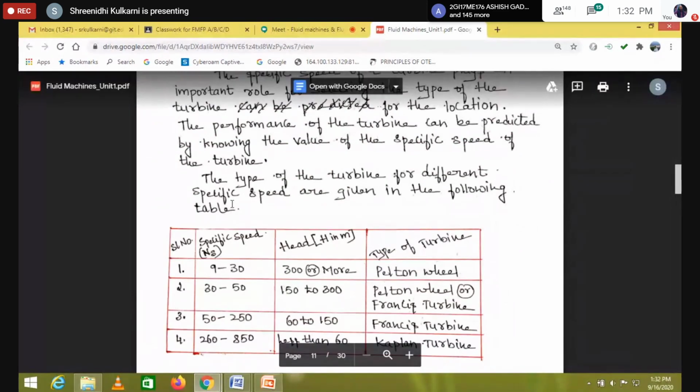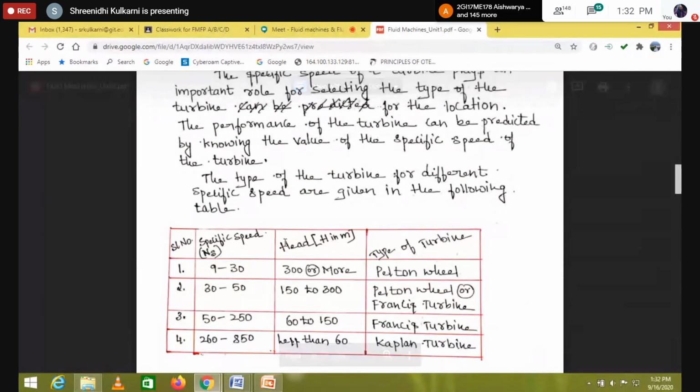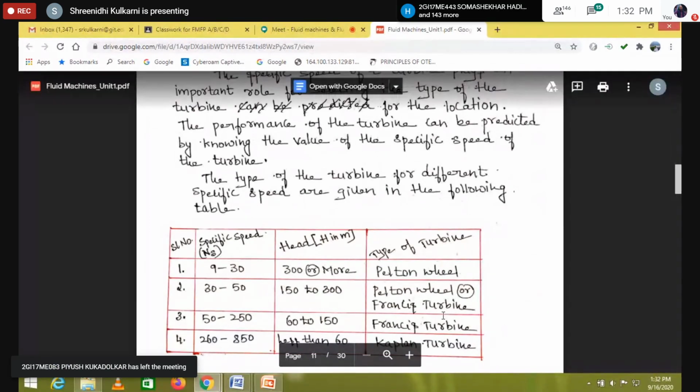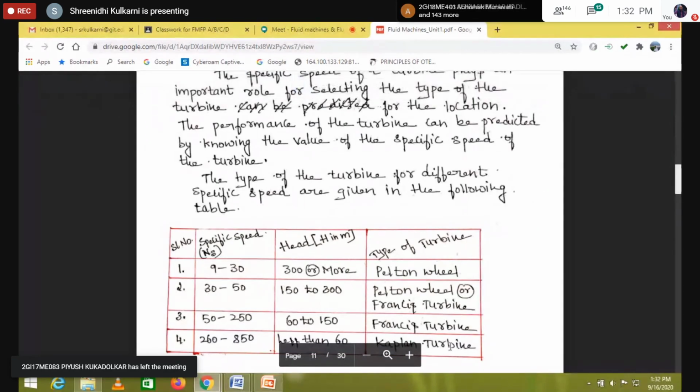Here you just see the table, because they are going to ask what the characteristics of a Pelton wheel, the Francis turbine, and the Kaplan turbine are. They can ask in your lab, in lab viva questions.